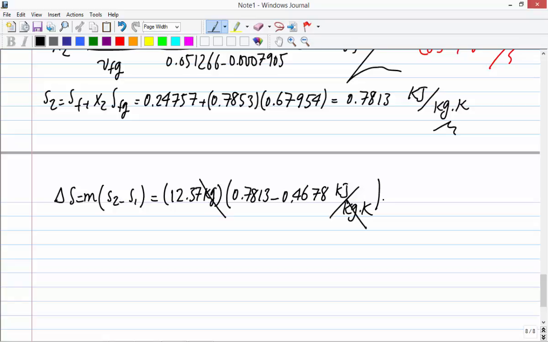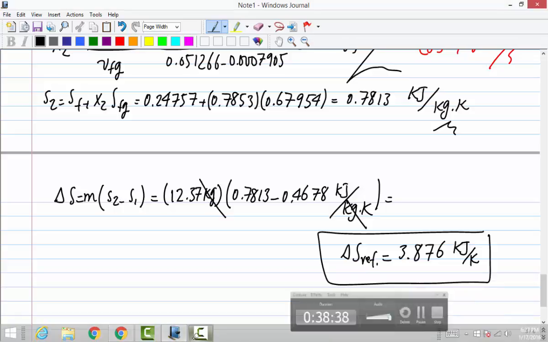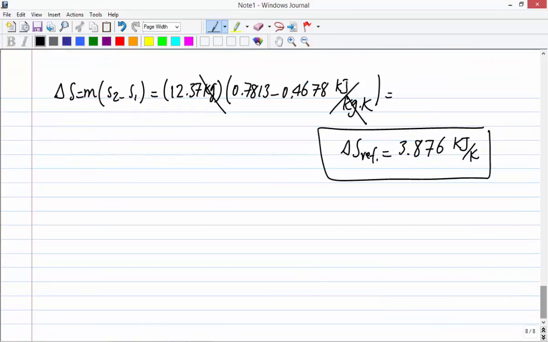Then delta S of the refrigerator, this is what I picked as my system, would be 3.876 kilojoule per Kelvin. Okay, so we found the entropy change of the refrigerant.